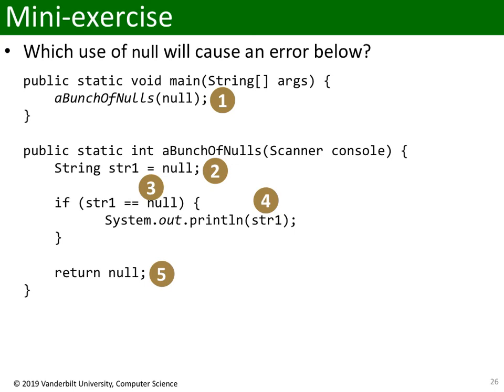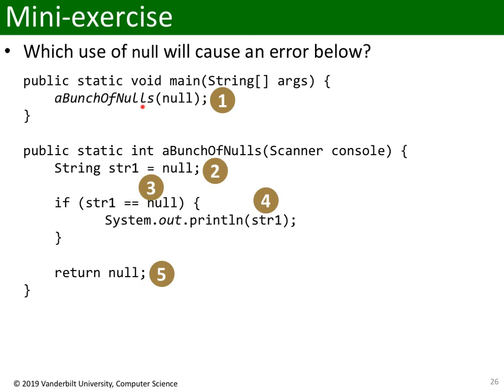So first of all, we have some call to a function called a bunch of nulls, and this method expects a scanner object. But remember, what this really is is a reference parameter to a scanner object. So it's expecting you to pass it a reference to a scanner.